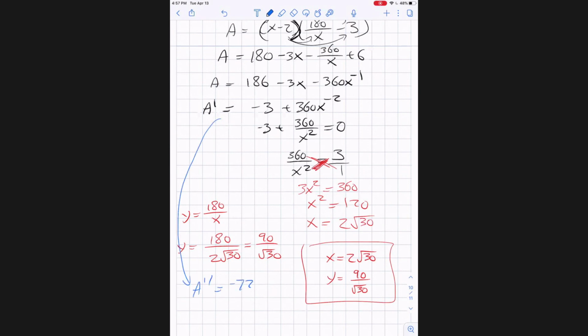Notice since x is always a positive number, negative 720 over x cubed will always be negative, which is concave down, which means you have a max. Because negative 720 over a positive number is always negative. So that's that.